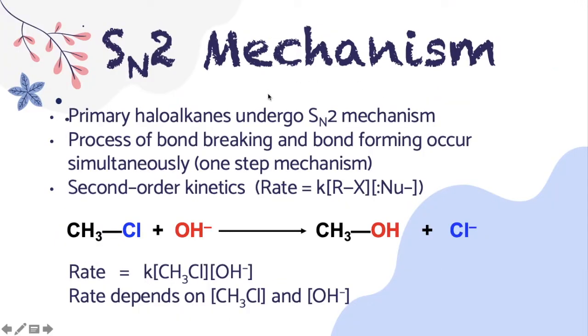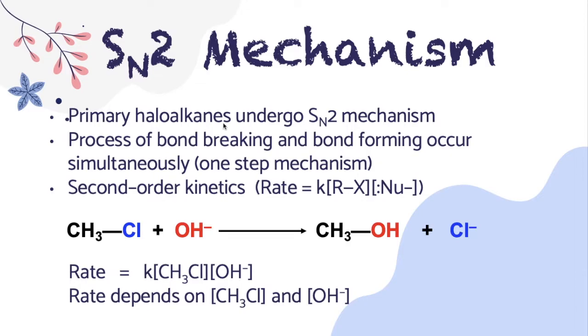Primary haloalkanes undergo the SN2 mechanism. So if you have a haloalkane whose class is primary, it will undergo the SN2 mechanism, not SN1.